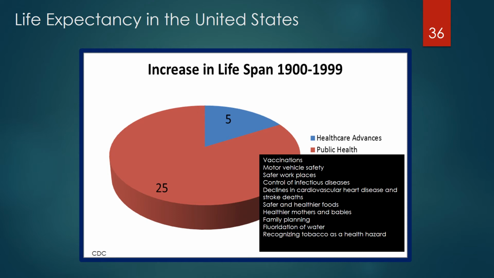The 10 health achievements that significantly impacted lifespan in the 20th century included vaccinations, the most effective public health tool in history, motor vehicle safety, safer workplaces, control of infectious diseases, including water protection, sanitation, etc., declines in cardiovascular heart disease and stroke deaths, safer and healthier foods, healthier mothers and babies, family planning, fluoridation of water, and recognizing tobacco as a health hazard.